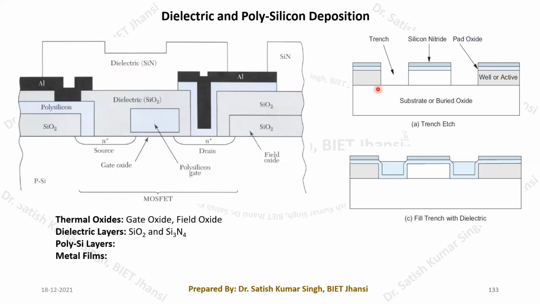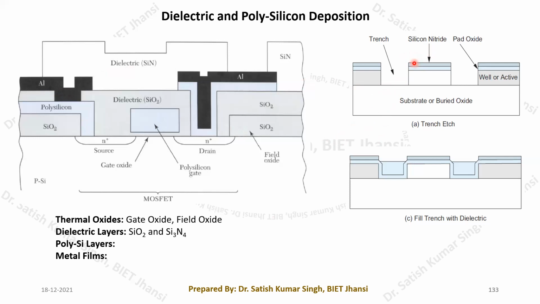Here again, if you recall, I had used this picture while discussing the silicon on insulator device. When I was discussing shallow trench isolation, you might remember that we had used this silicon nitride layer at this particular place.